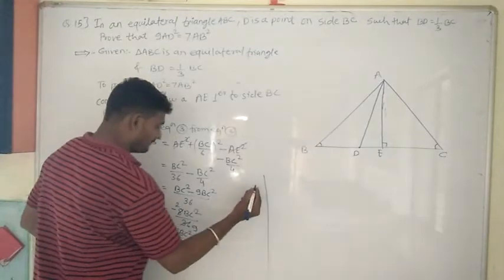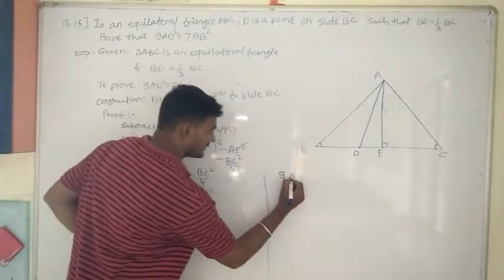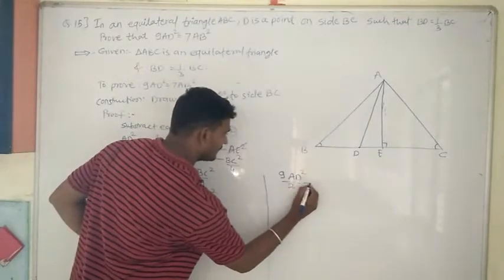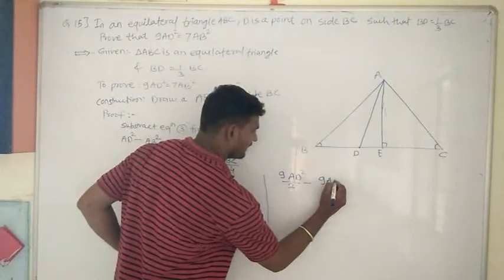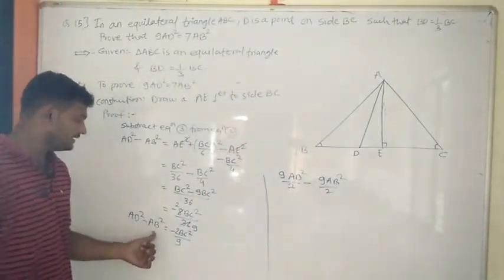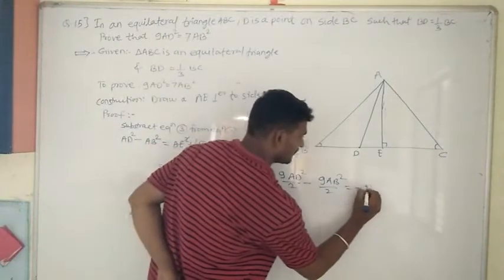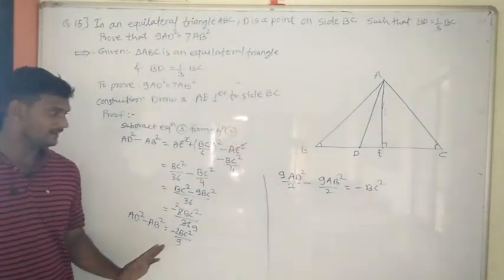It will become 9 by 2. 9 will go in the numerator. 9 times AD square divided by 2 minus 9 AB square divided by 2 is equal to minus BC square, which remains as it is.